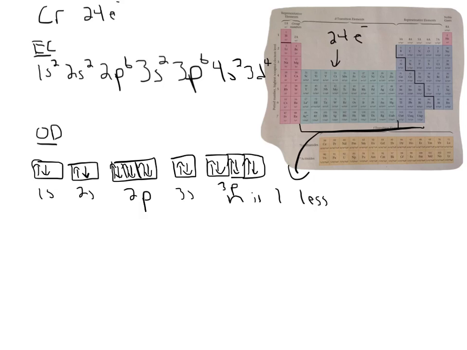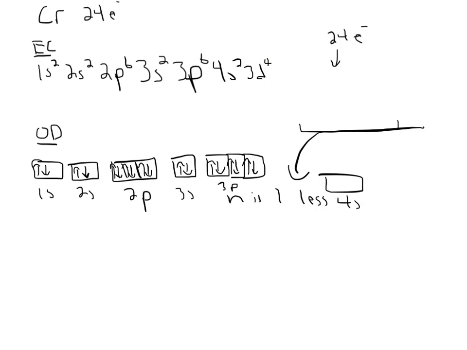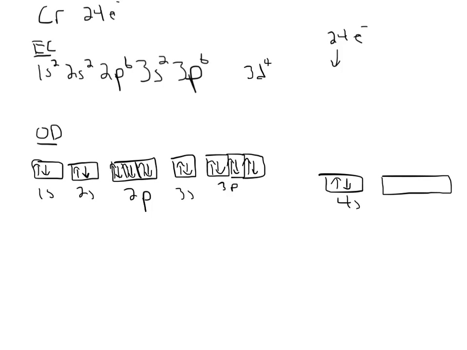And then we get 4s. And then now we get to 3D, and D has 5 orbitals, and we're going to do Hund's rule.